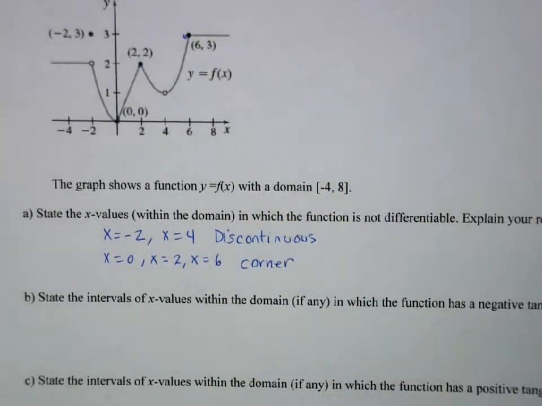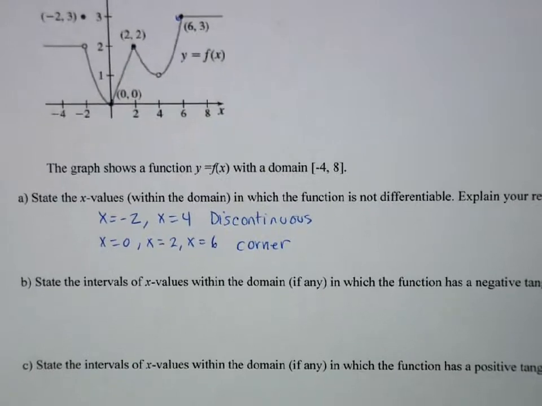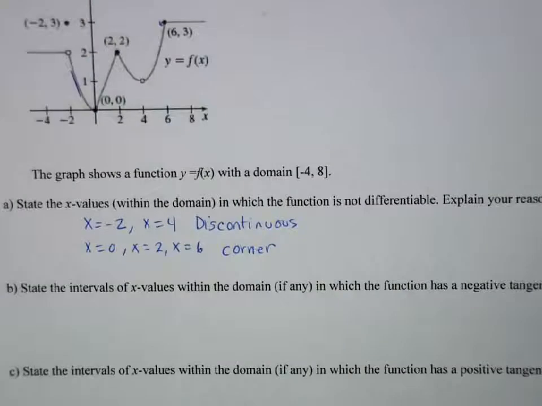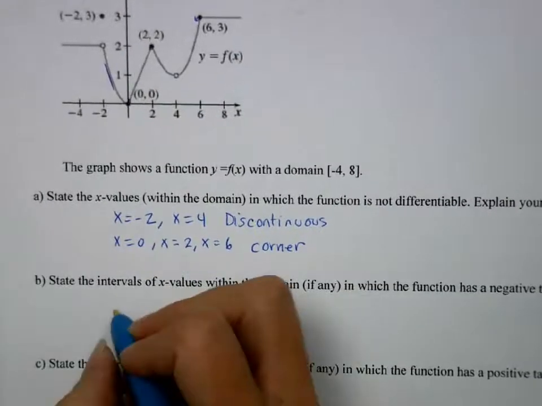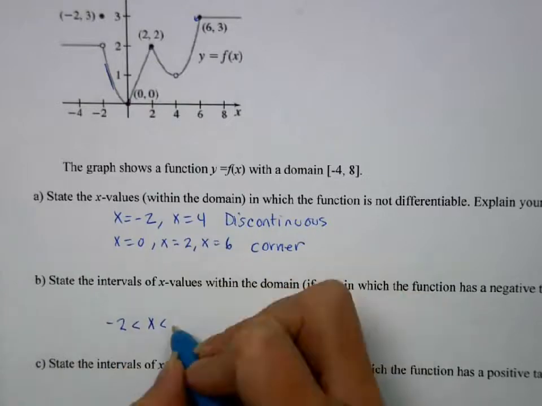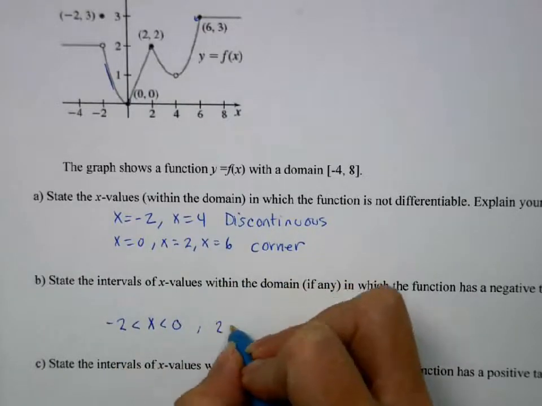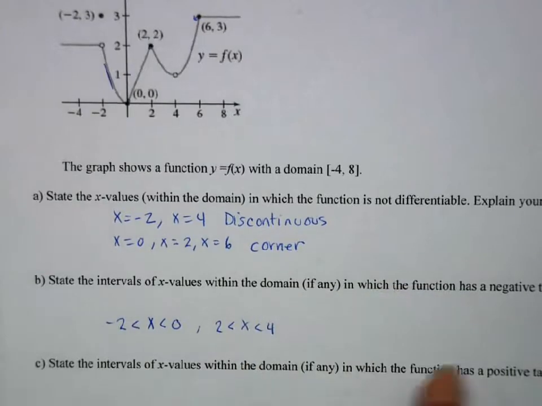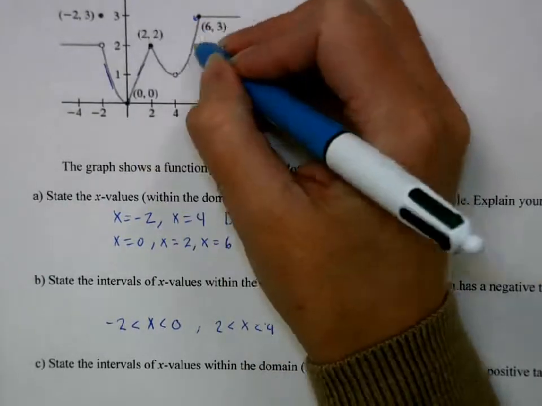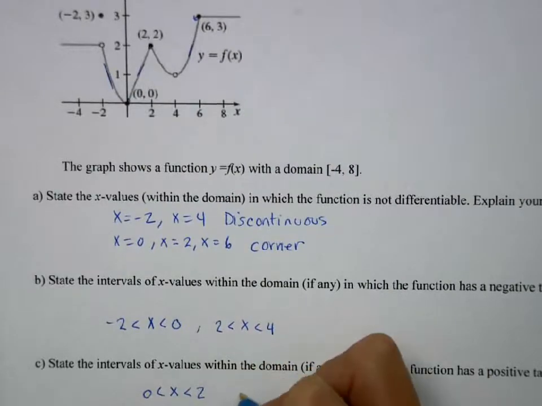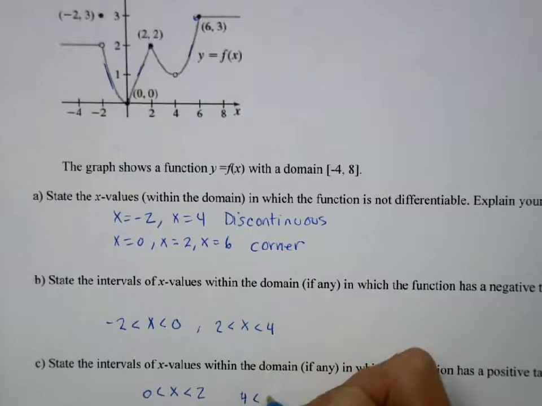Okay, where does it have a negative tangent line? Well, that's going to be anywhere where the graph is decreasing. So that's going to be from negative 2 to 0, and then from 2 to 4. Where does it have a positive slope? Well, anywhere where it's increasing. So from 0 to 2, and from 4 to 6.